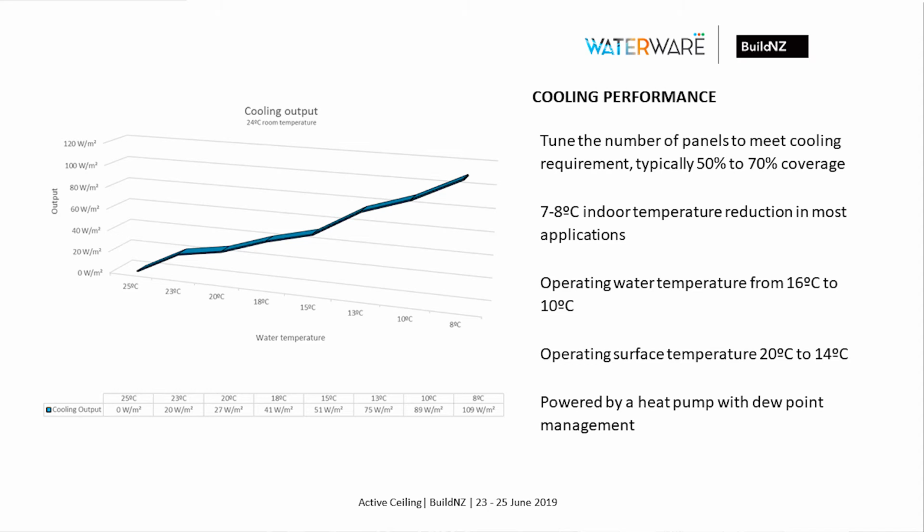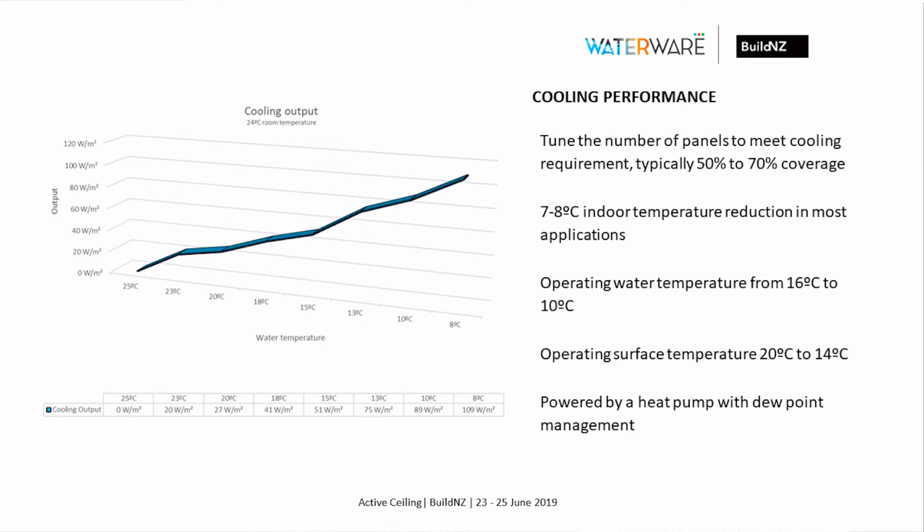So again, the surface temperature on the panel is 3 to 4 degrees higher in cooling mode than what the water temperature will be. So if we're sending 10 degree water, the resulting surface temperature will be about 14 degrees. And if we're sending 16 degree, the resulting surface temperature will be about 20. So you do get a little bit of room up your sleeve to avoid the dew point.